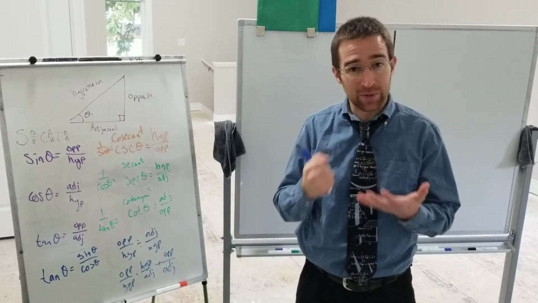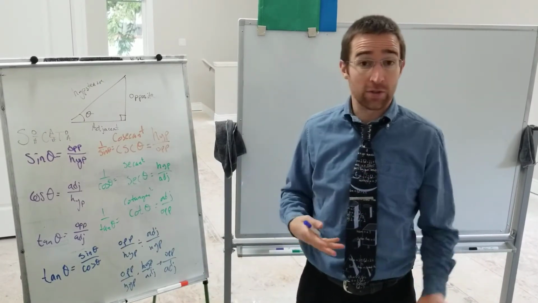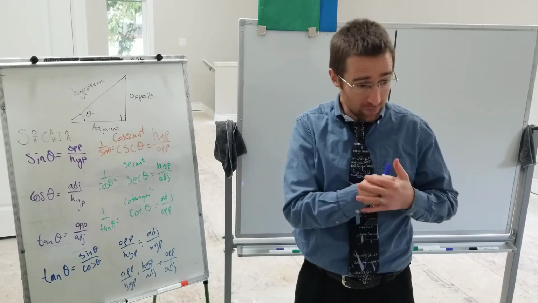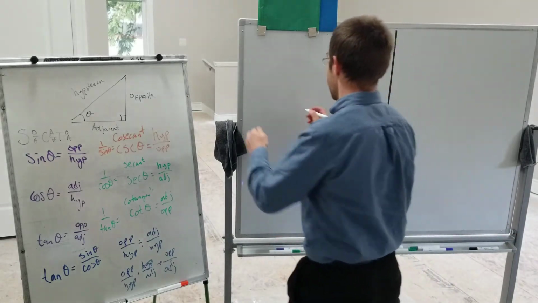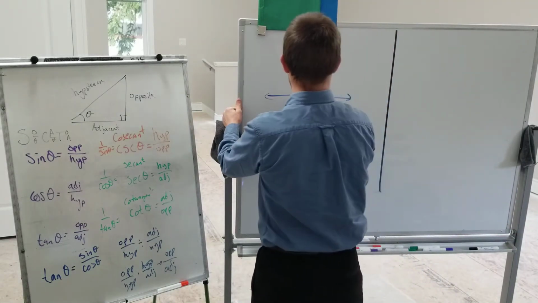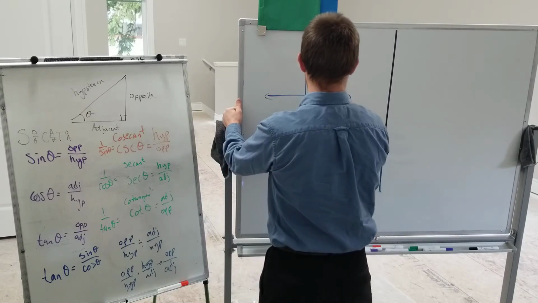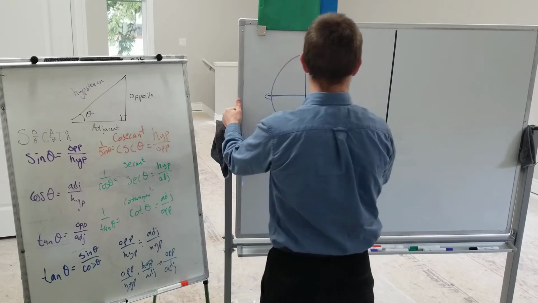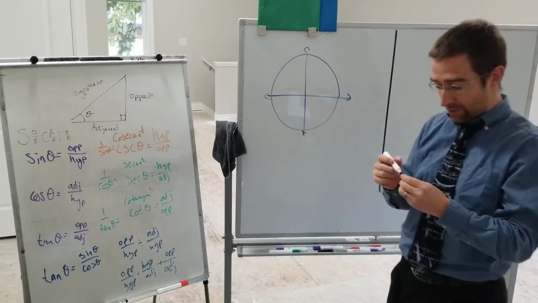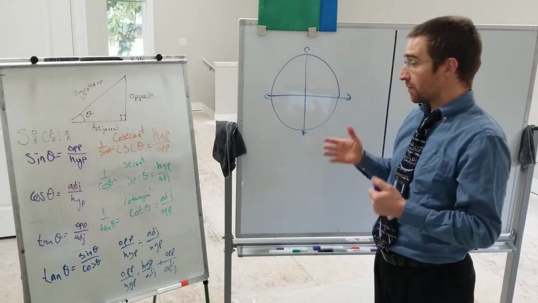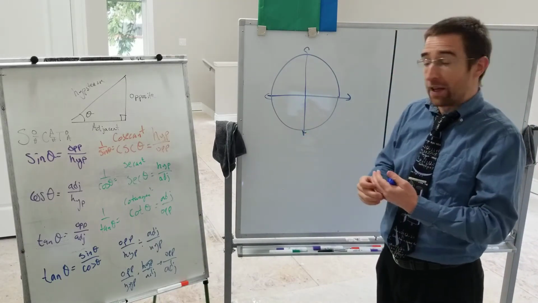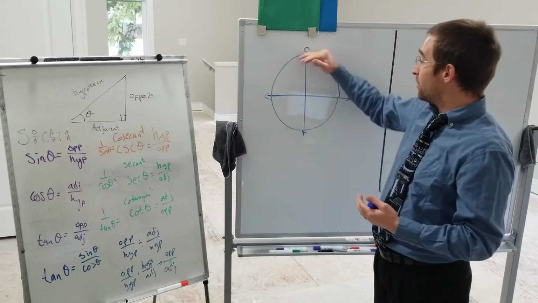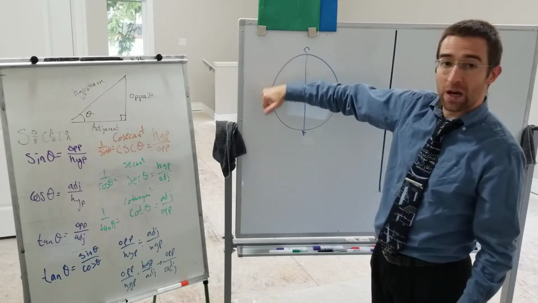Now, how does this relate to what we're talking about with radians and the unit circle from the last video? Well, every point on the unit circle, remember, corresponds to an angle measure. And remember, the angle measure is equal to the distance around the circumference.